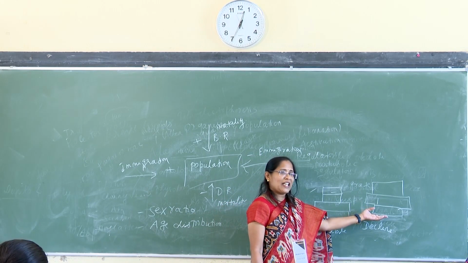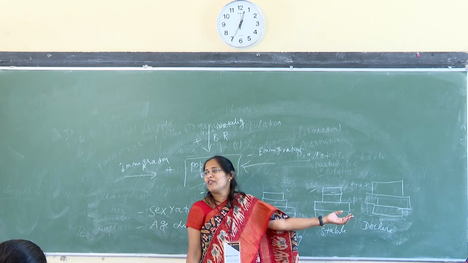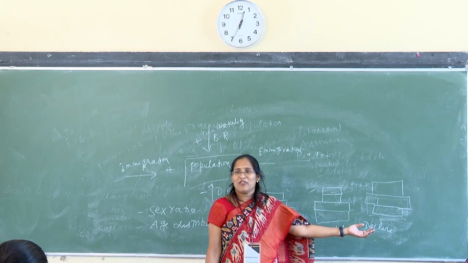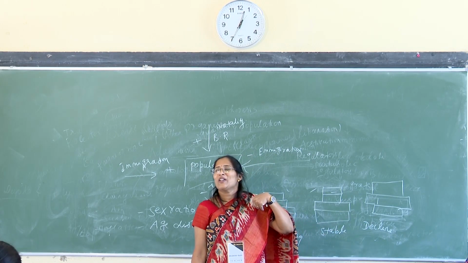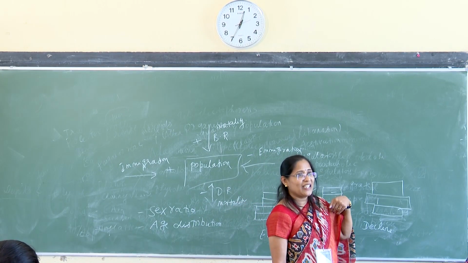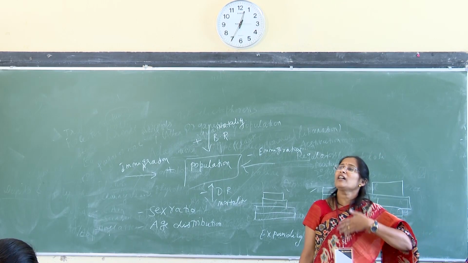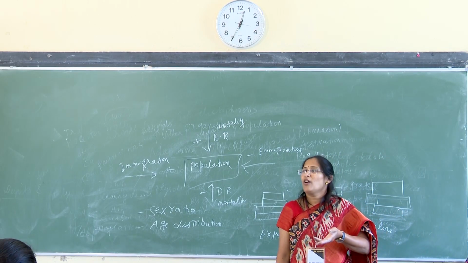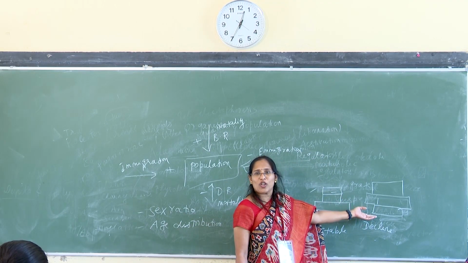When there is female feticide, obviously wherever a female child is born, automatically they will kill them. When they are killing them, automatically your ratio is also going to be affected.